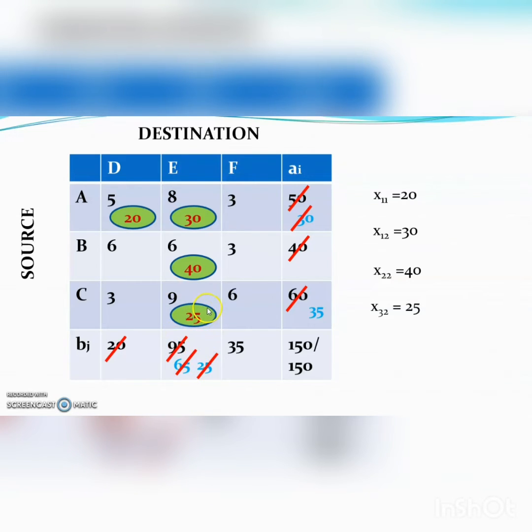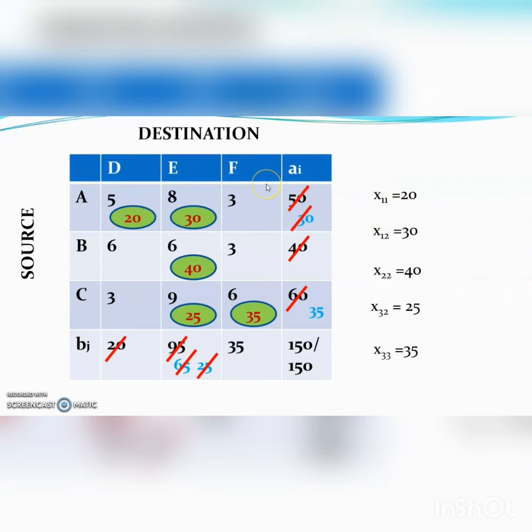Now we move on to the right of this cell, that is, to the cell 3, 3. Here the availability is 35 units and the requirement is also 35 units. So we give here 35 units and the value of the decision variable x33 is 35.